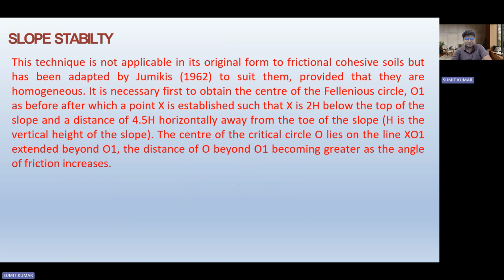Right. Now, let's read about some techniques provided by different investigators over the period of time regarding slope stability. First of all, the technique which discusses the alpha beta has been adopted by Jumix in 1962, and over there he has used the Fellini circle.